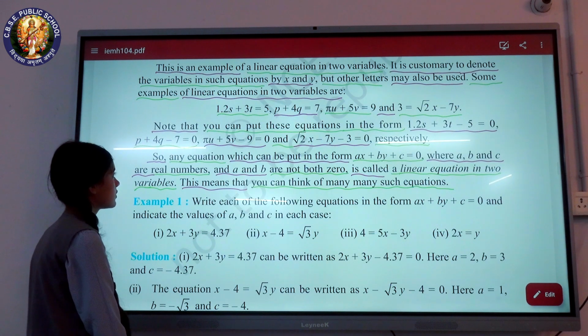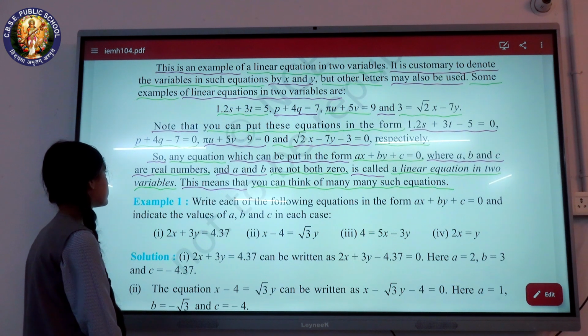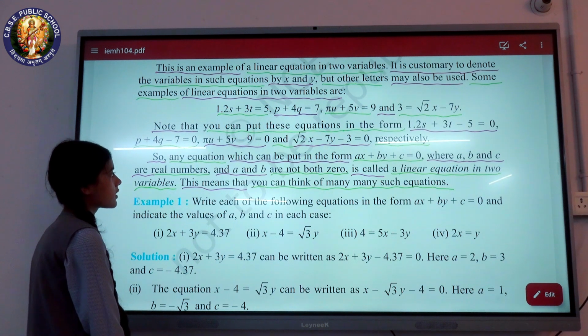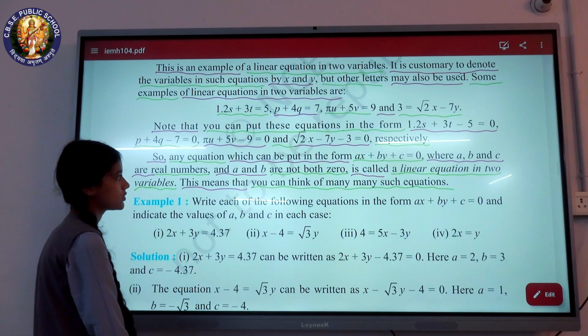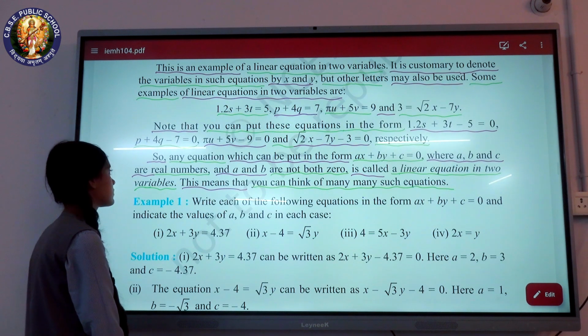Note that you can put these equations in the form 1.2s + 3t - 5 = 0, p + 4q - 7 = 0, πu + 5v - 9 = 0, and √2x - 7y - 3 = 0 respectively.